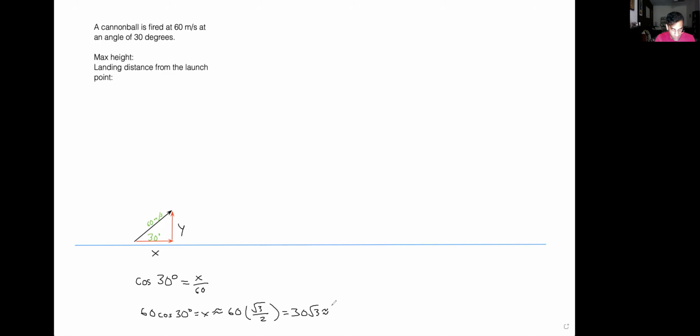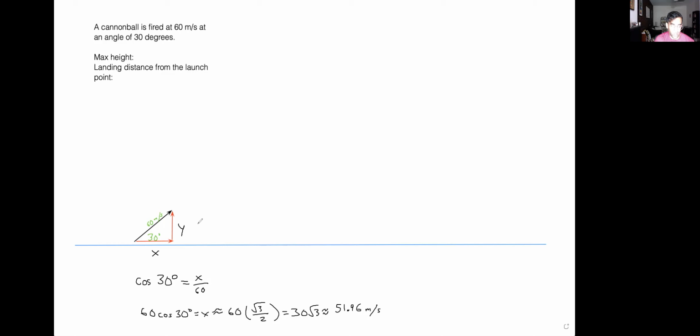I'm going to multiply the square root of 3 times 30. That's going to be, rounded off to 2 digits after the decimal point, 51.96 meters per second. So that is the horizontal component of my velocity vector.